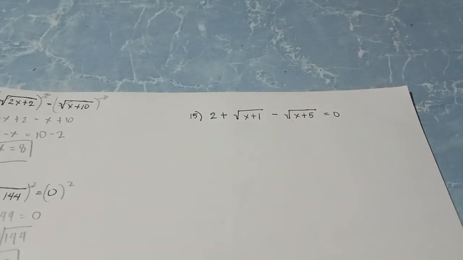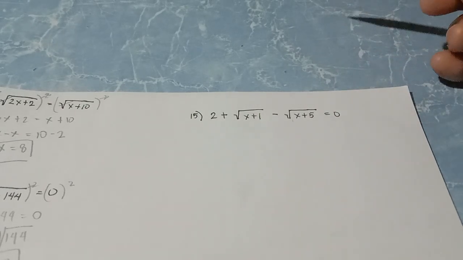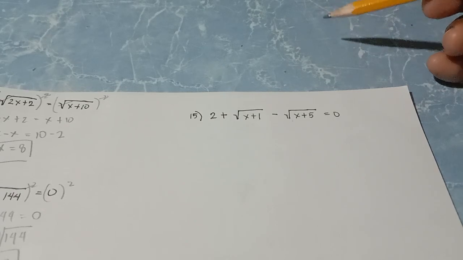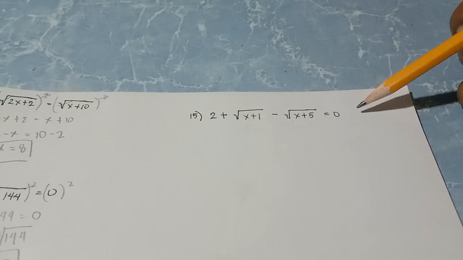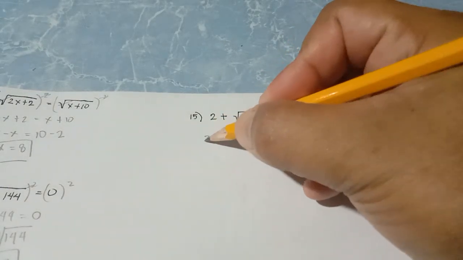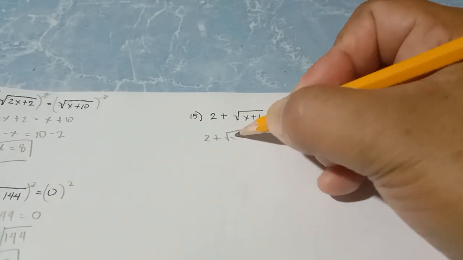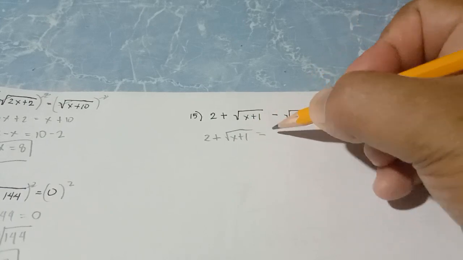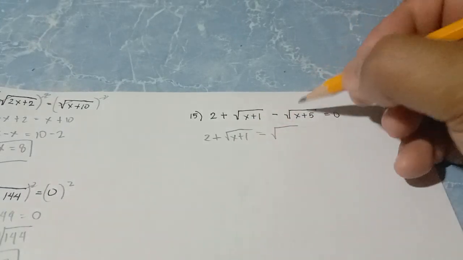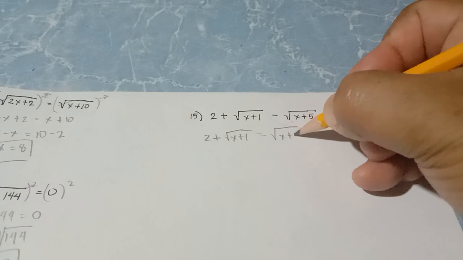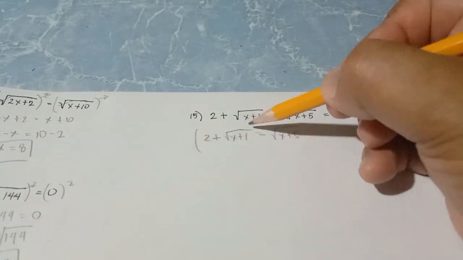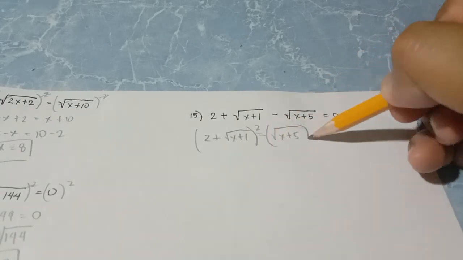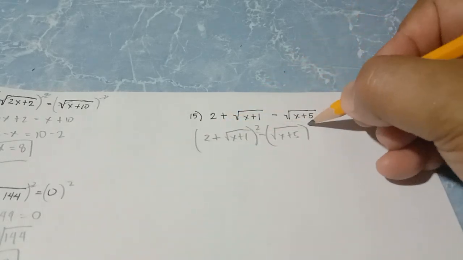So, medyo nalilito na siya. Okay. So, anong gawin natin? Mas madali, ilipat na lang natin to kasi negative, sa kabila, para maging positive. Okay. 2 plus the square root of x plus 1 is equal to, maging positive, the square root of x plus 5. Yan. Para pag take natin ang square root, both sides, naku, mayroon tayong binomial.